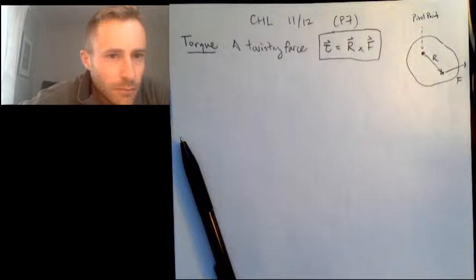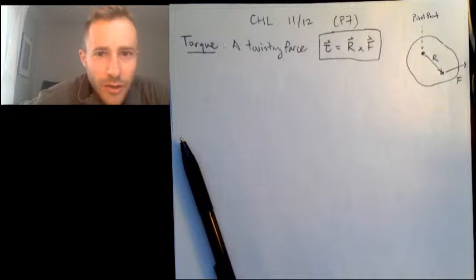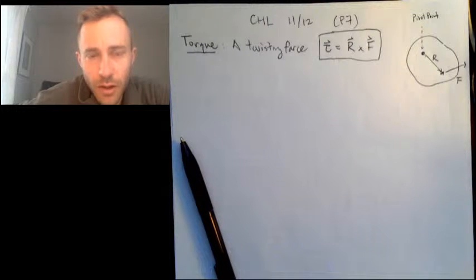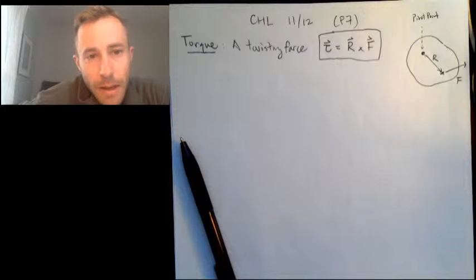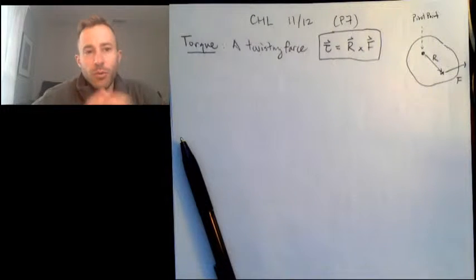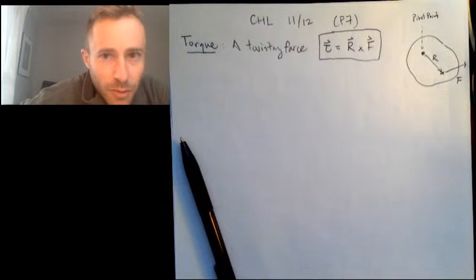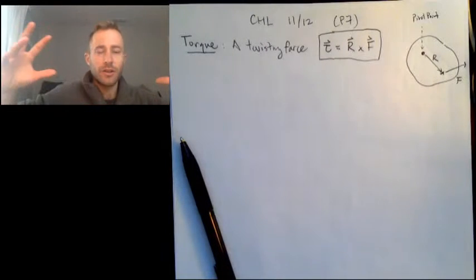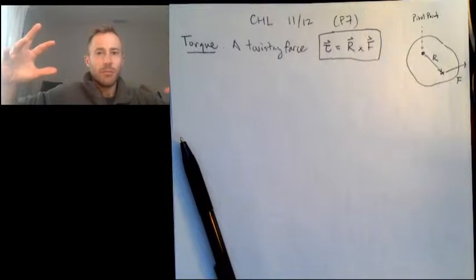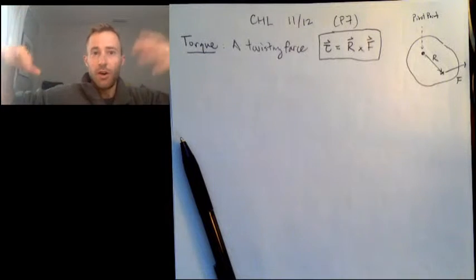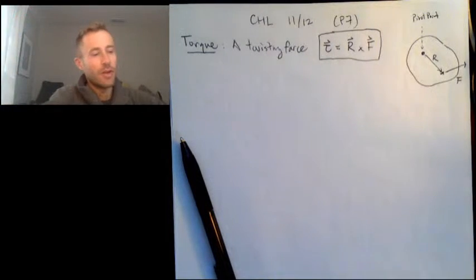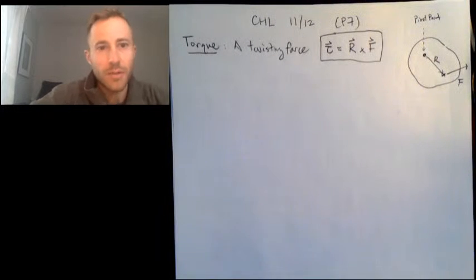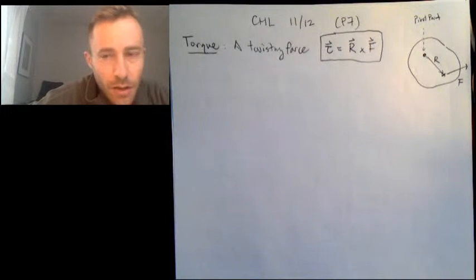We are not going to have much occasion to use this definition of torque at this level. If you wanted to be a mechanical engineer, for example, where you have a structure that has multiple forces acting on it in all different directions, and it's a three-dimensional structure, then using this formula for torque becomes essential.